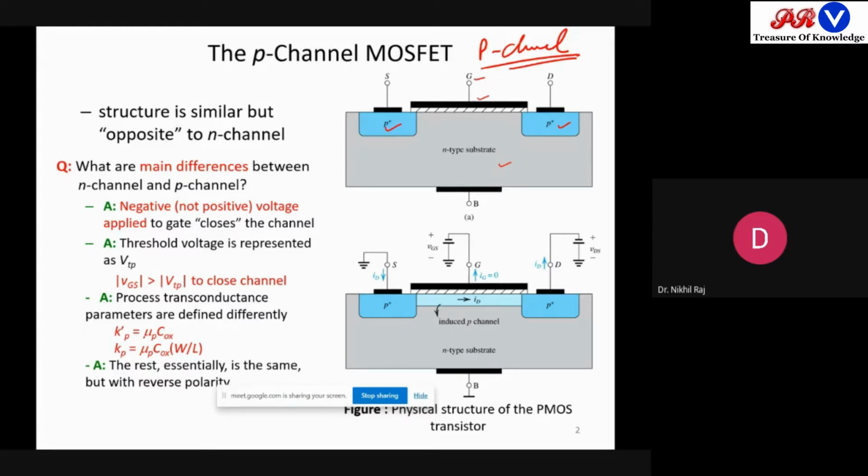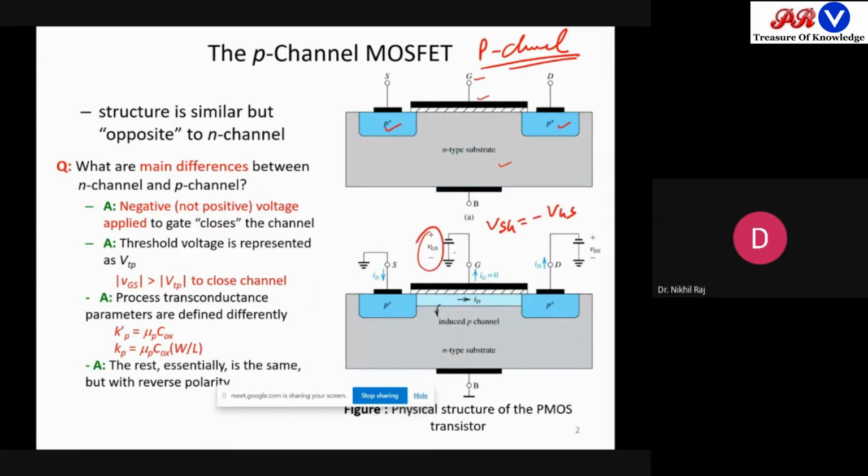Keeping to this working principle, PMOS and NMOS are counterparts to each other. This means whatever concept applies, there is just a reversal of the terminal voltages, of the magnitudes or the signs. Like for NMOS we need VGS, so for PMOS we need VSG, or we can say minus of VGS.